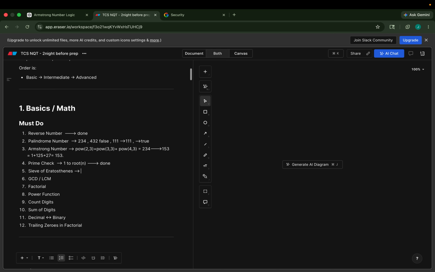Sieve of Eratosthenes can also come. In this, there is a range of numbers, like someone will say from 1 to 50, count the number of prime numbers. From a particular number to a number we just need to count the total number of prime numbers.